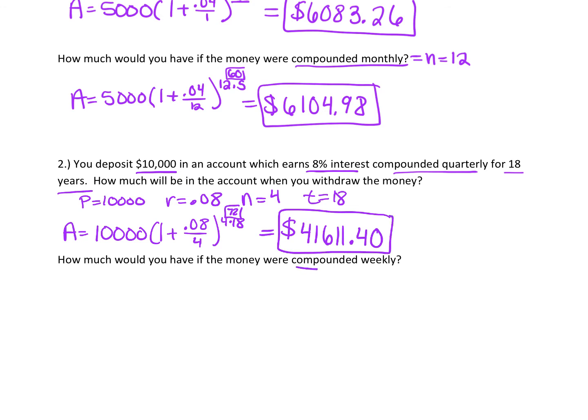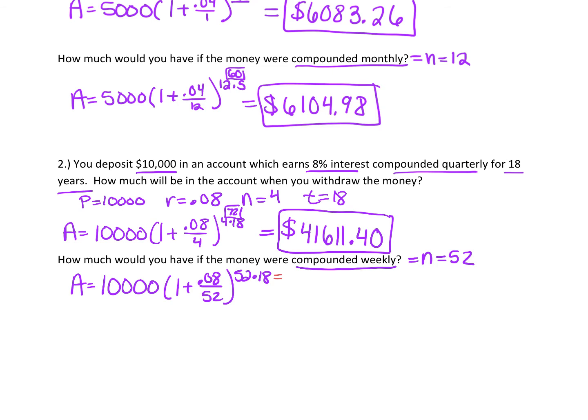Now, if it was compounded weekly, all right, so how many weeks in a year? 52. So that means it's compounded 52 times in a year. So I'm going to keep everything the same except for my n value, which is what's underneath my 0.08. And I'm going to have 52 times 18. So my exponent is going to be 52 times 18.